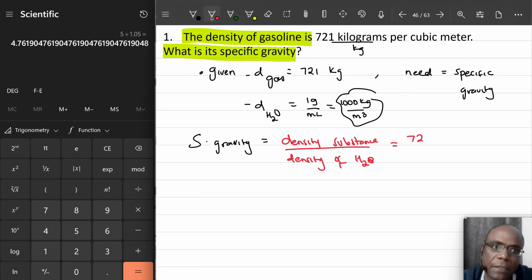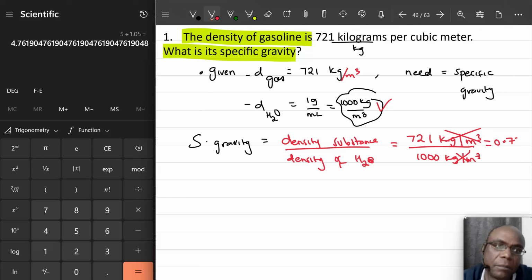The density of the substance gasoline is 721 kg per meter cubed. I forgot to say here kg per meter cubed. The density of water is 1000 kg per meter cubed. I'm using this version because I'm working with kgs. SI units are cancelling out.